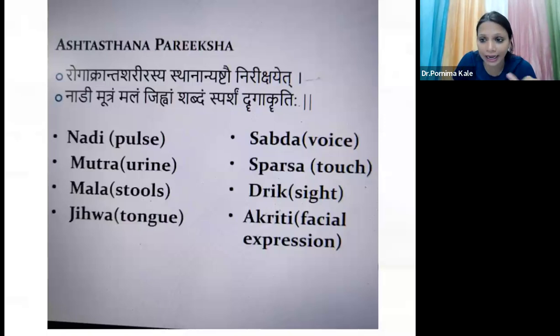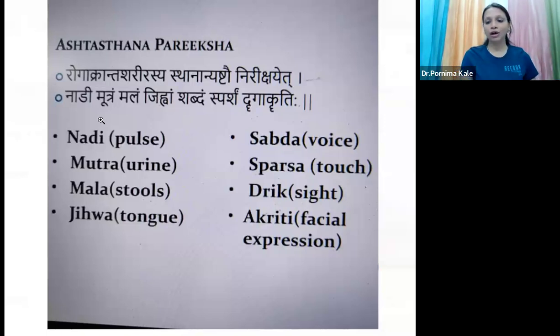Ashta is nothing but 8. Sthana is nothing but location. Pariksha is examination. So these are 8 types of examination which are necessary to get near to the diagnosis of that patient. So what are they?